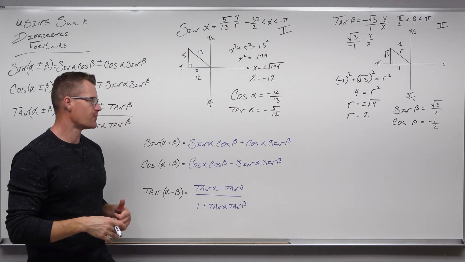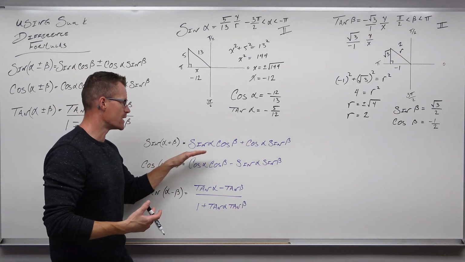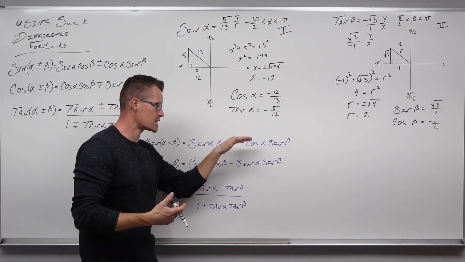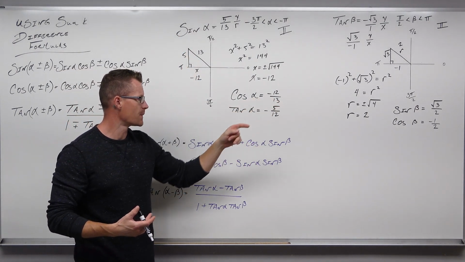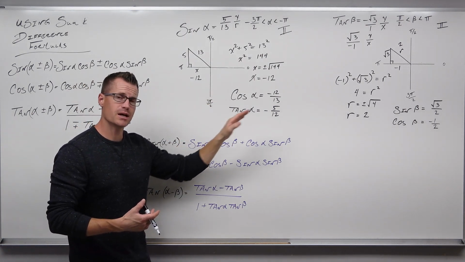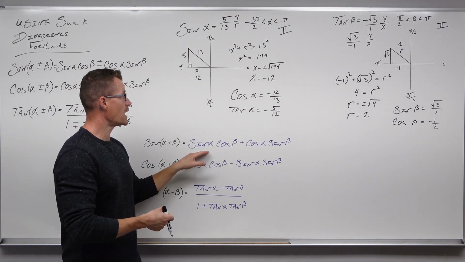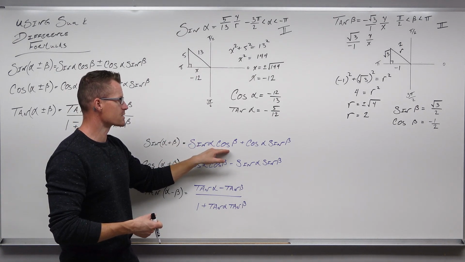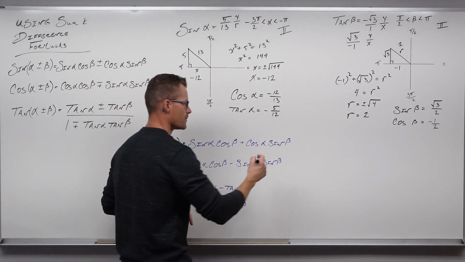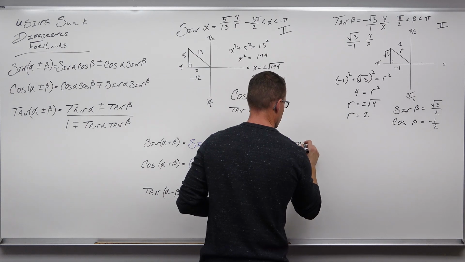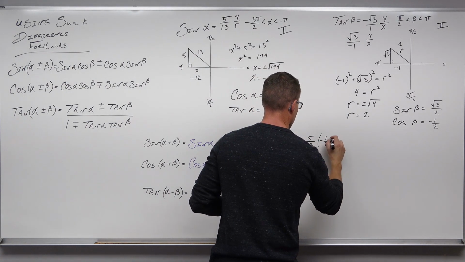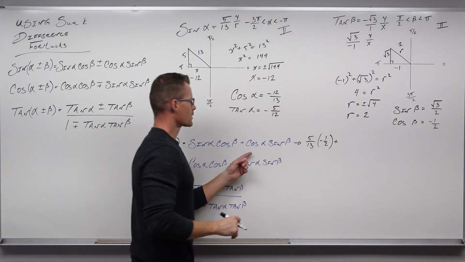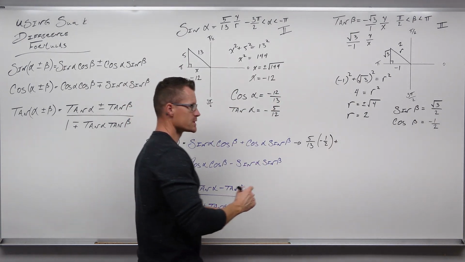So if we were trying to find sine of alpha plus beta, and we know that it's sine alpha cosine beta plus cosine alpha sine beta, we know sine alpha, we know cosine beta, we know cosine alpha, we know sine beta. We're just going to fill that out. So sine alpha is 5/13, cosine beta is negative 1/2. Cosine alpha, that's negative 12/13.